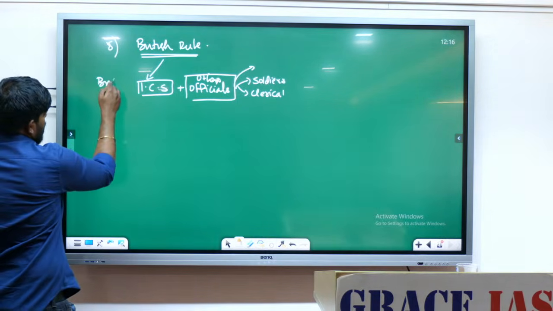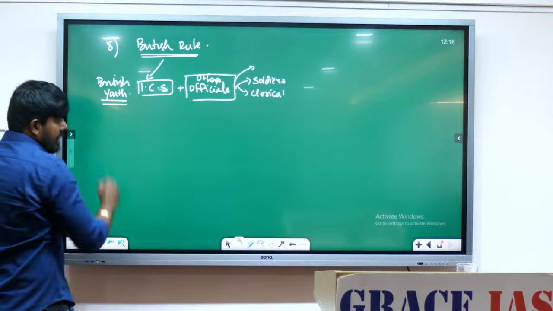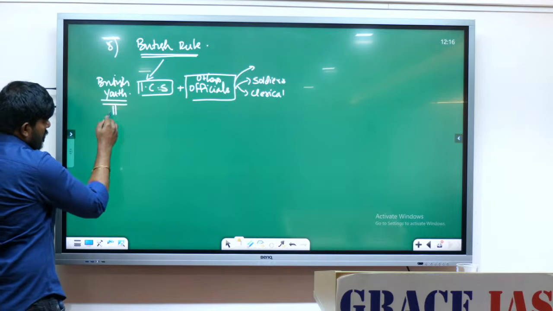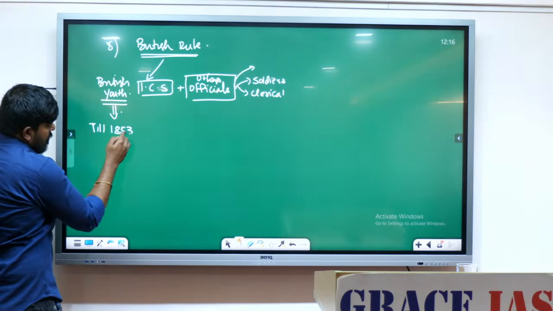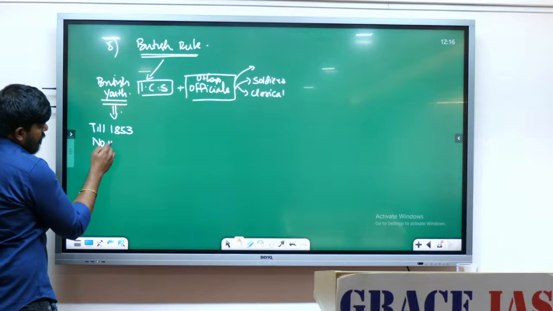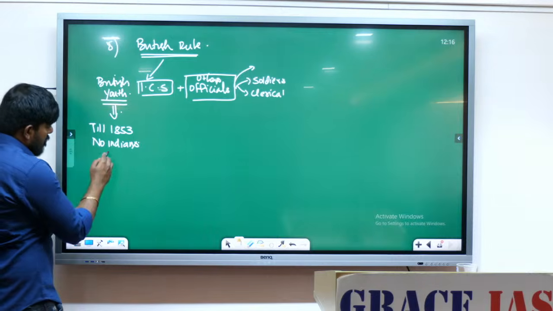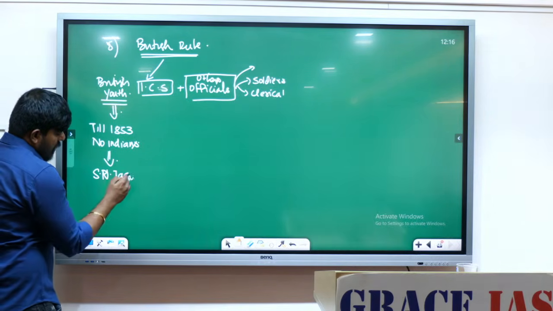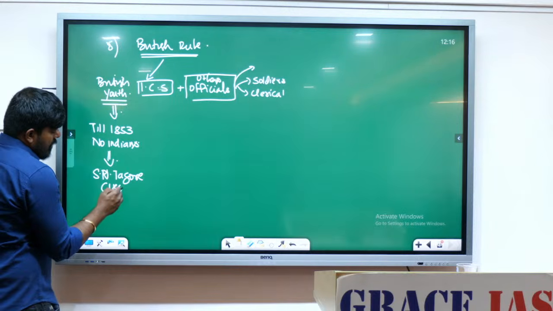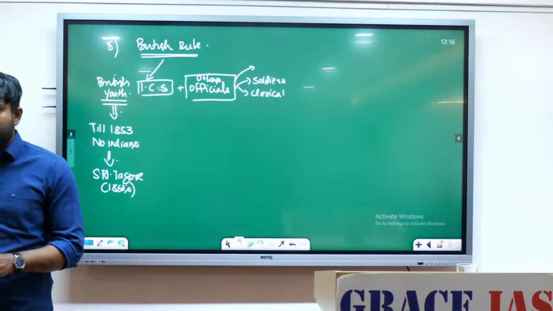Usually Britishers were given the priority in ICS, and you all know that till 1853 no Indian was allowed to appear in this examination. The first Indian, Satyendranath Tagore, came only in the 1860s. So the number of Indians was very small. Majorly it was Britishers who used to become ICS officers.